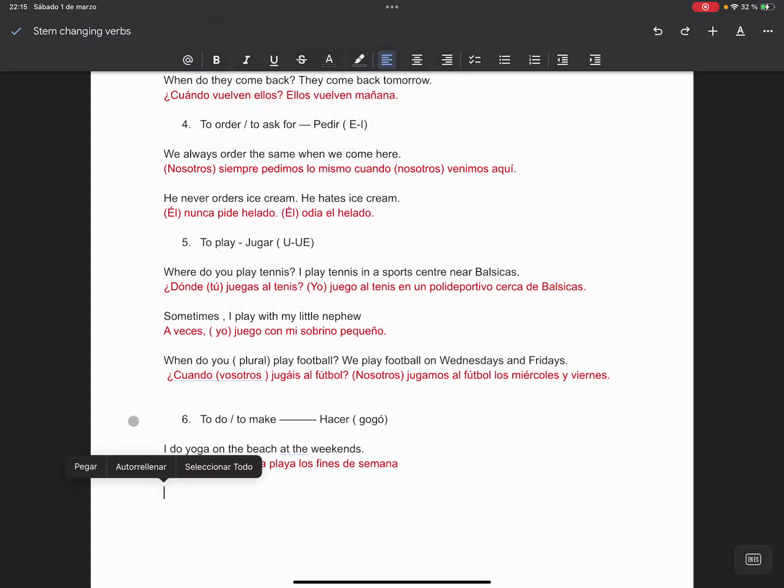Another sentence. Do you do your homework on time? Do you think the verb is going to be strange for a you? Remember that is a go verb. No, it only changes for an I, because go verbs add an extra G in the first person singular, I, but not in the rest.